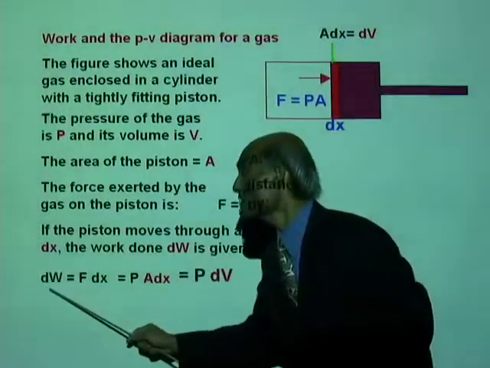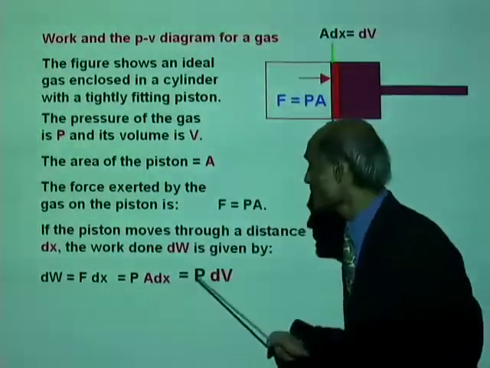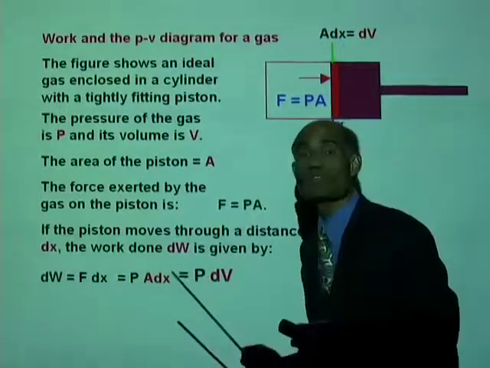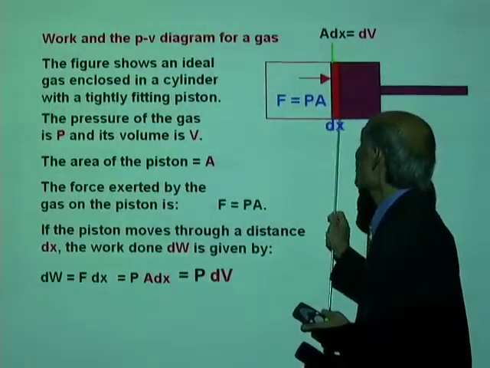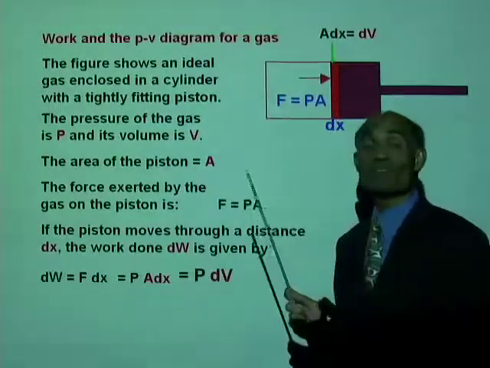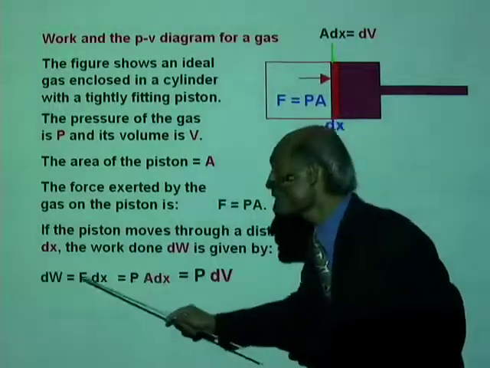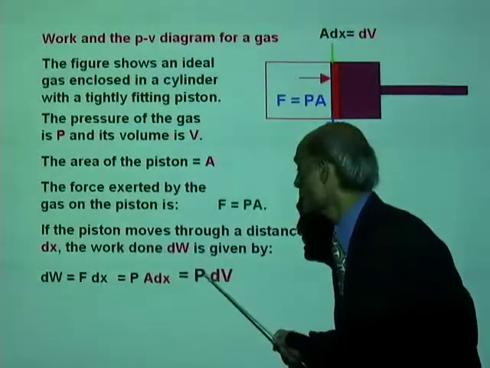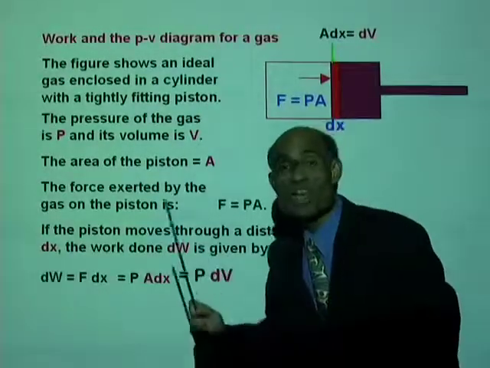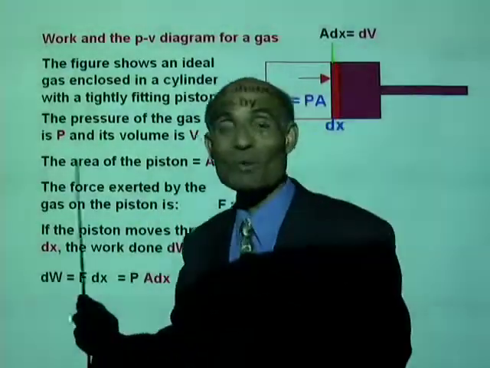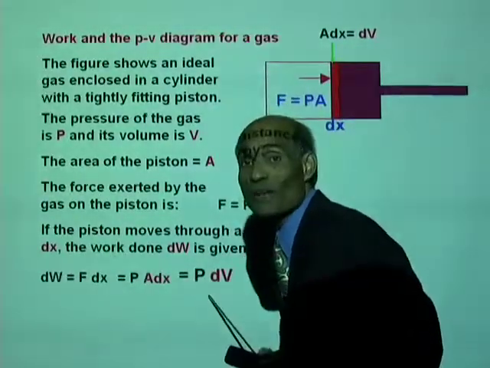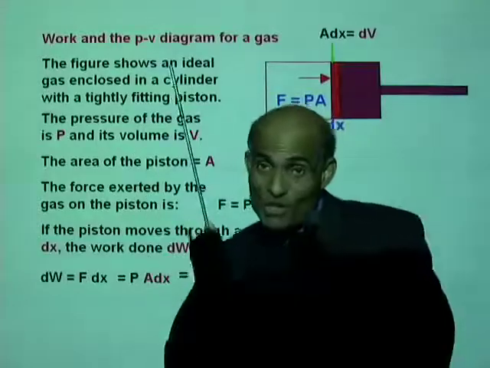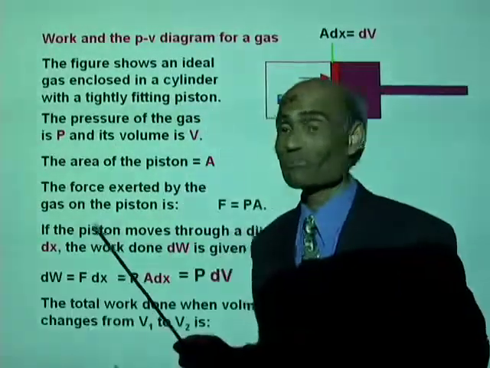Therefore, we can say the small work done equals PdV. When this force produces a small displacement dx on the piston, the work done is pressure times the change in volume. Always remember, work is done only when the volume changes, because there has been a displacement.